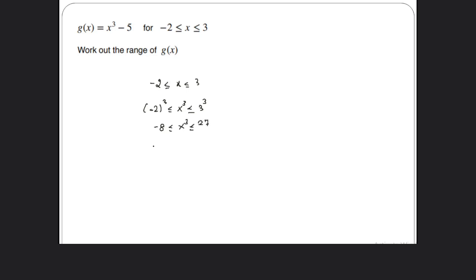Then g of x is x cube minus 5, so we have to subtract 5 on both sides. Minus 8 minus 5, x cube minus 5, 27 minus 5. So minus 13 less than or equal to x cube minus 5 less than or equal to 22.